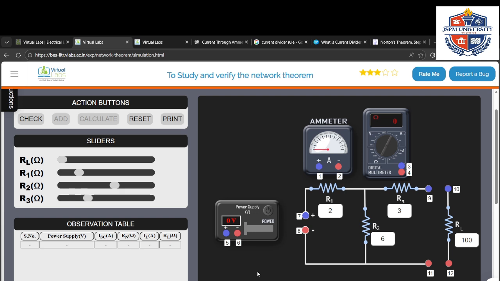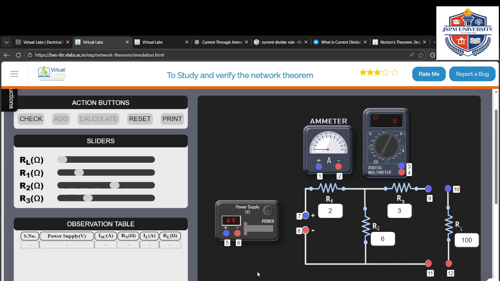So now the first step is what? In Norton's theorem, first we should find the Norton's resistance, or otherwise the equivalent resistance, and then we have to find Norton's current. Then we will apply the current divider rule, and from that we will get the current flowing through the load resistance by Norton's theorem, right? So what is the first step?